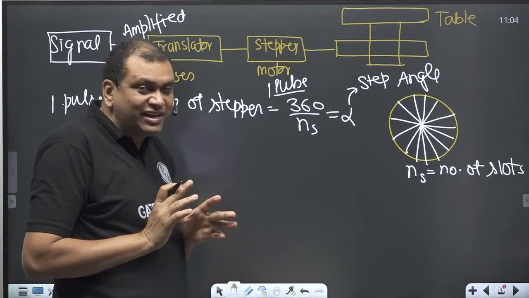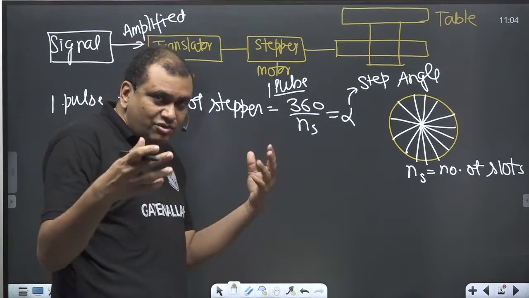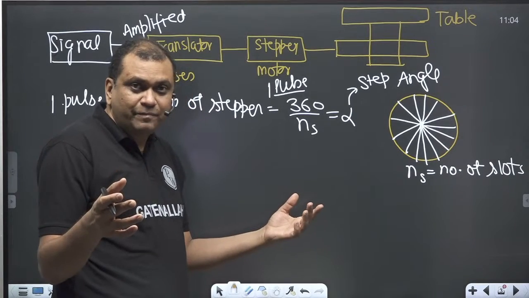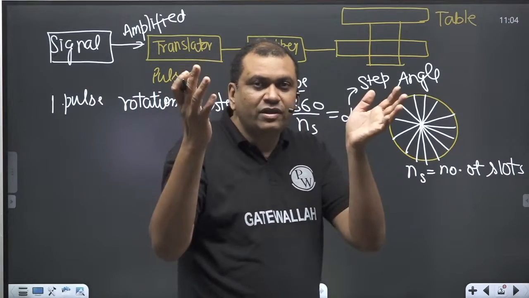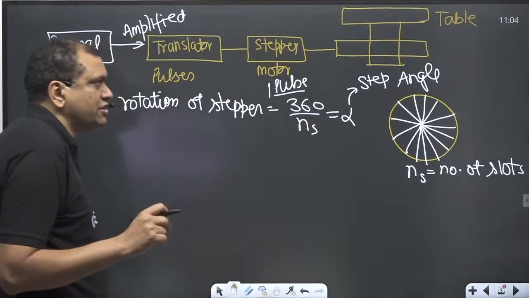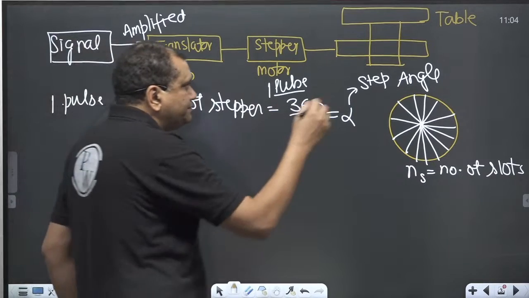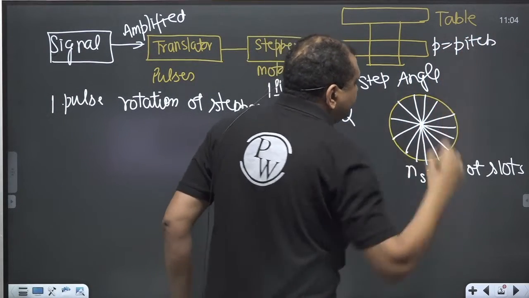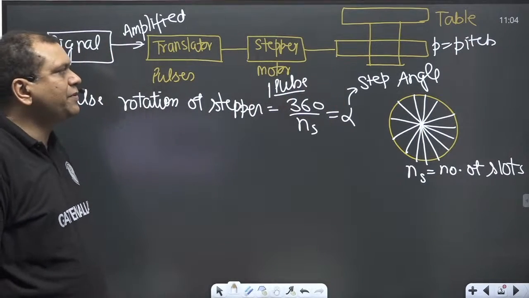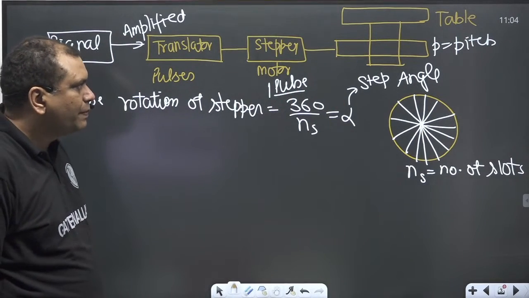Now you have to be a little careful. There is no formula as such, but use your knowledge of production engineering to give the solutions. Let us say P is the pitch of this lead screw.